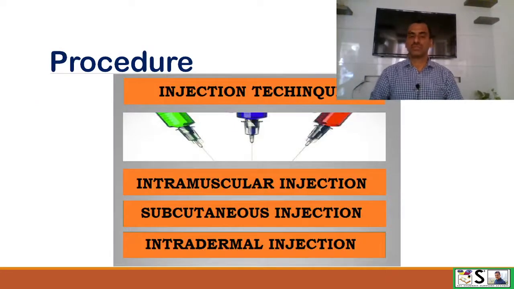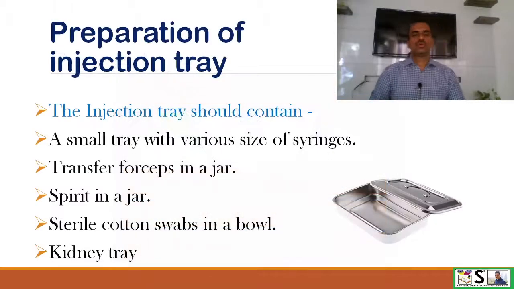Now we come to the procedure of injection techniques: intramuscular injection, subcutaneous injection, and intradermal injection. Preparation of injection tray. Before starting any procedure, we need to make a tray.